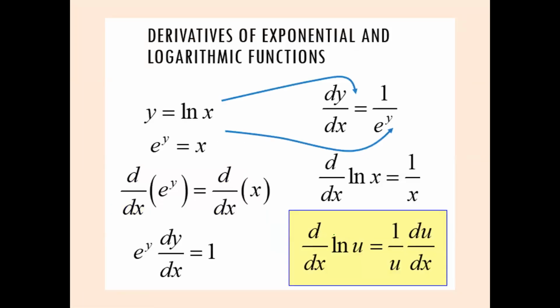So next we have ln u. So kapag may derivative tayo ng ln u, 1 over u kaagad ang sagot. For example, y is equal to ln x. Ang derivative of ln x is 1 over x. No more, no less.